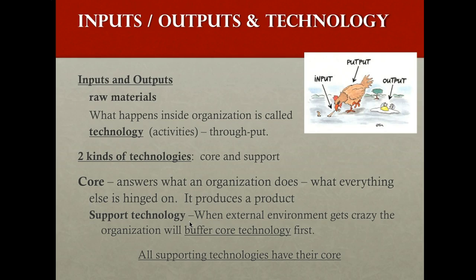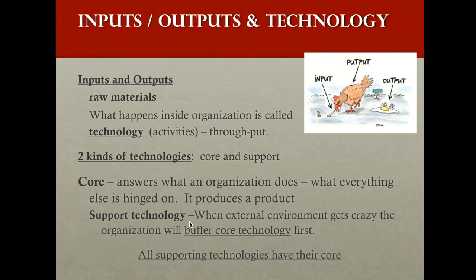As a university, we have, don't take this badly, anybody, but we have ignorant students as an input, or uneducated students, if you will. And then what happens inside the organization is the technology or the throughput, the activities. That technology is what the organization exists to do. And everything is based on the output of the organization. Should be a quality product, students graduating with their degrees.